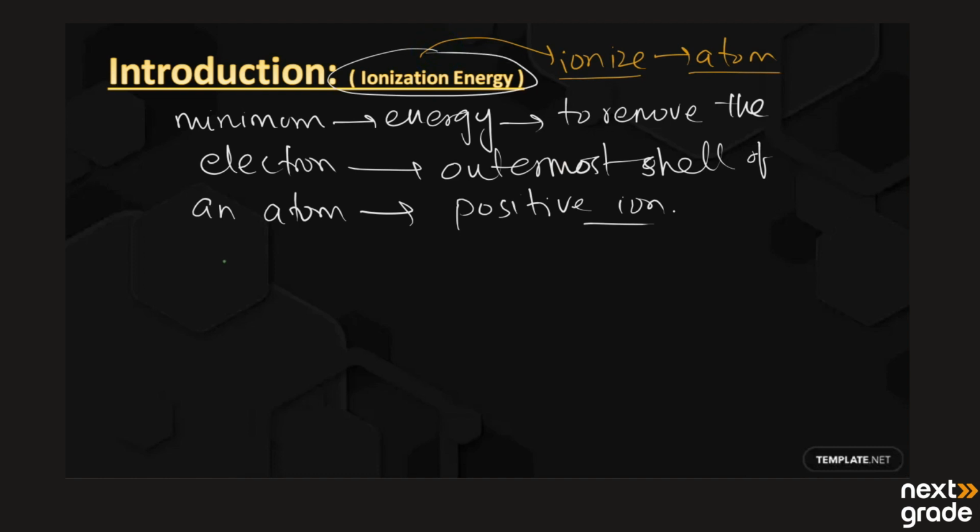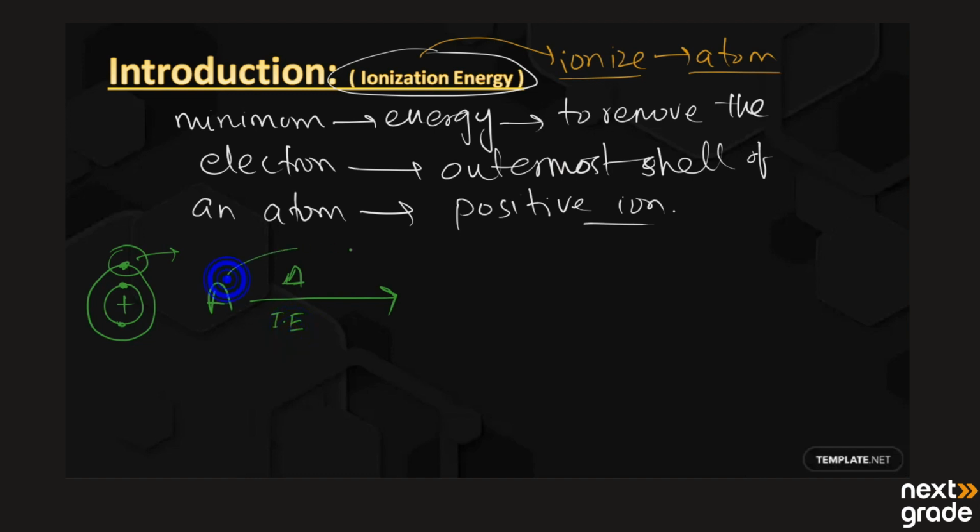For example, we have an atom A and we want to remove the electron from its valence shell. It has two electrons in the first shell, and in the last shell it has one electron, and we want to remove this electron from this atom, so we need to provide energy. This energy that we provide is known as ionization energy.